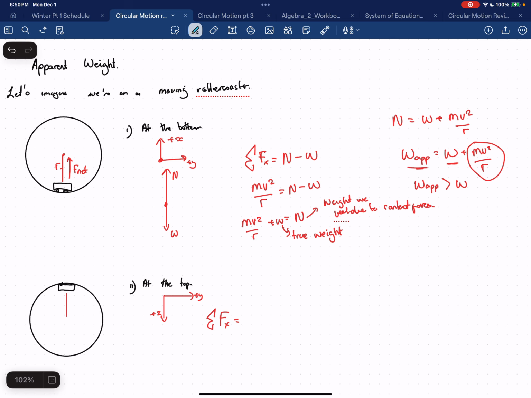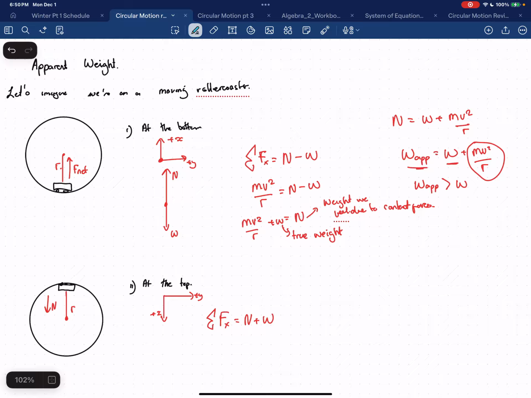Positive x, I'm on the surface, I have my normal force, but I also have my weight force. And then here, finishing my drawing, it's r, and my net force is downwards.